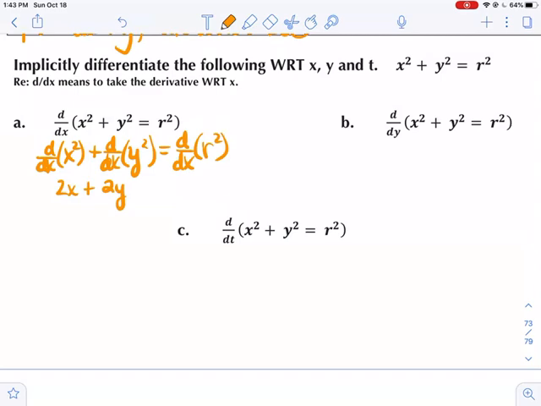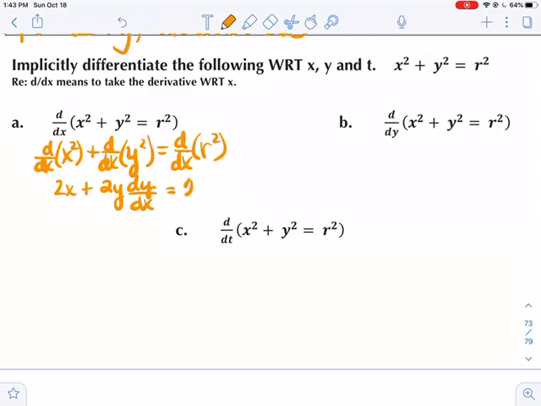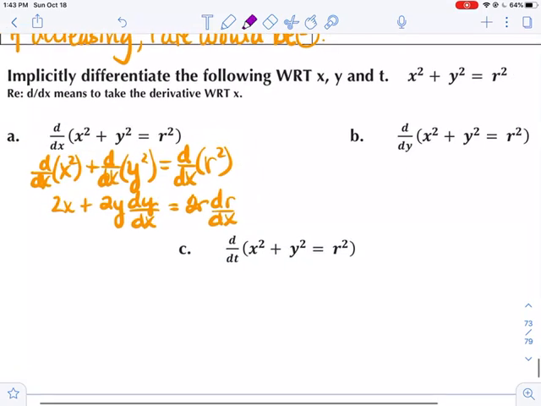Then we get 2y, and we're taking the derivative with respect to x, so we have a dy dx, is equal to 2r, and then we have a dr dx. So when we implicitly differentiate, it's these two quantities that are not x's, so we've got to throw in a dr dx and a dy dx going backwards.